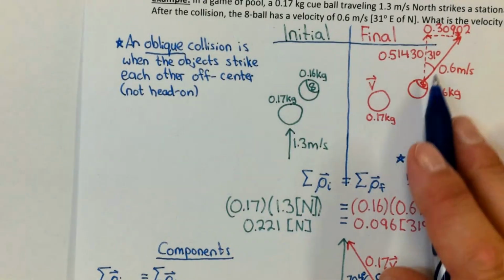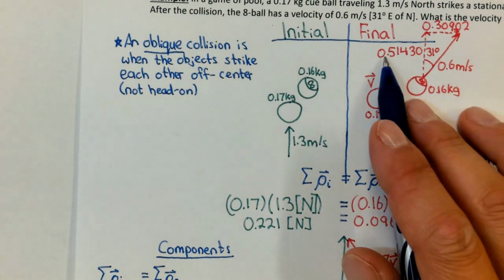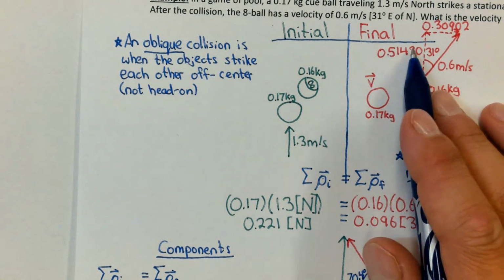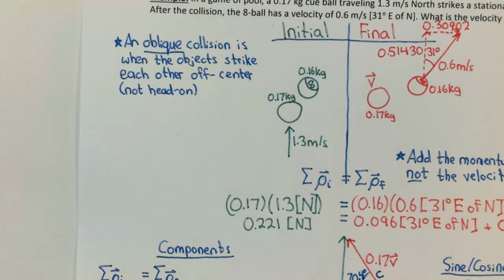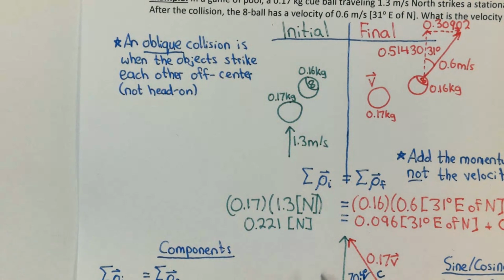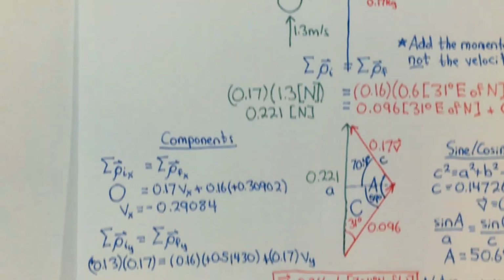This guy's y component of his momentum is going to be this y component of velocity times its mass. And then this guy is going to have a y component of its momentum too, which will again be its mass times the y component of its velocity.